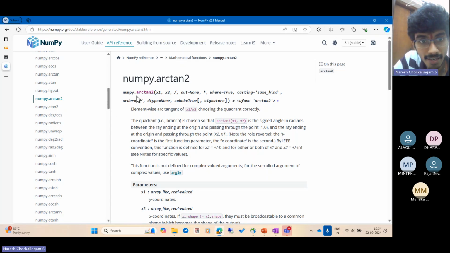This arctan2 gives the tan inverse, choosing the quadrant correctly. If you just take tan inverse, which is arctan, you cannot differentiate whether it is in the first quadrant or the third quadrant.